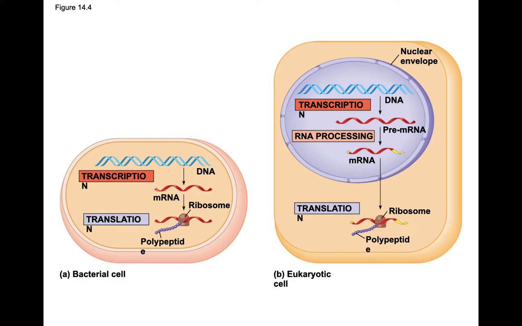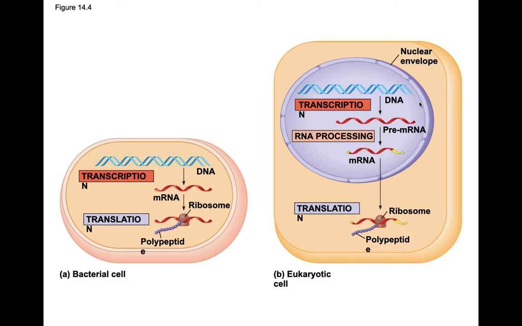Because bacterial cells lack a nucleus, transcription and translation just take place in the cytoplasm. The mRNA created from transcription will be directly fed into ribosomes, which are free-floating because bacterial cells lack the endoplasmic reticulum, and that will make a polypeptide.